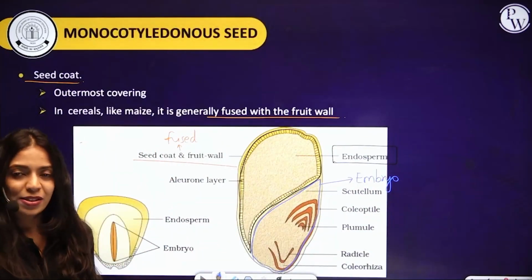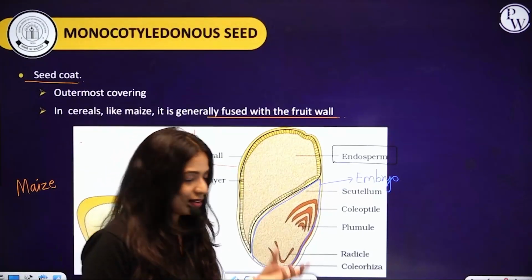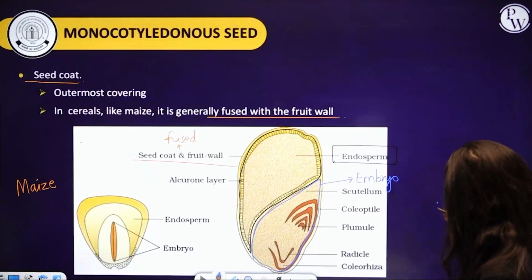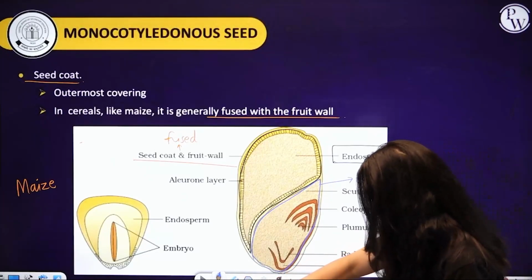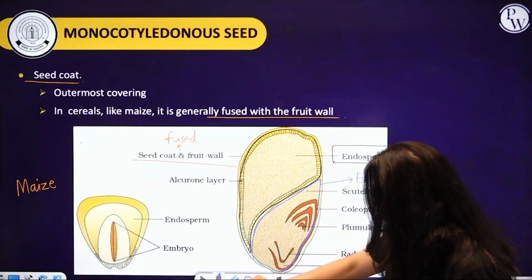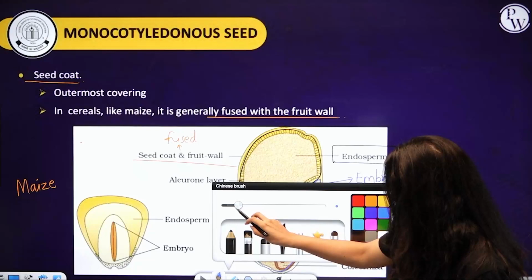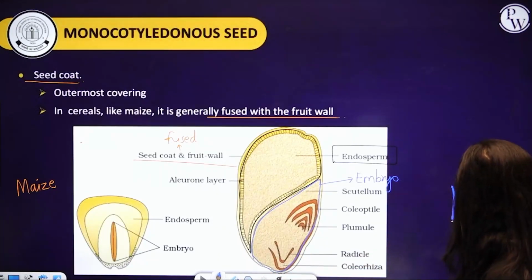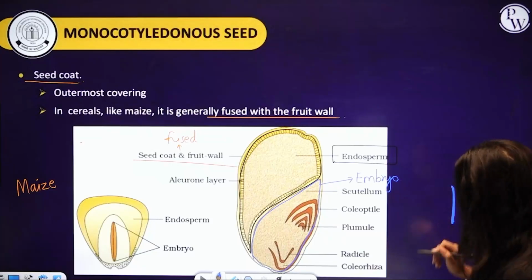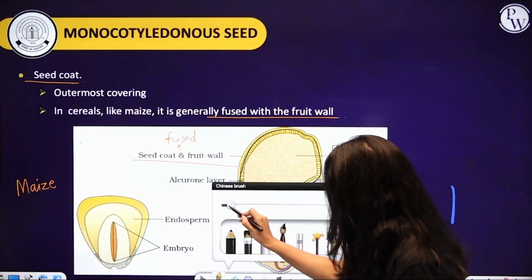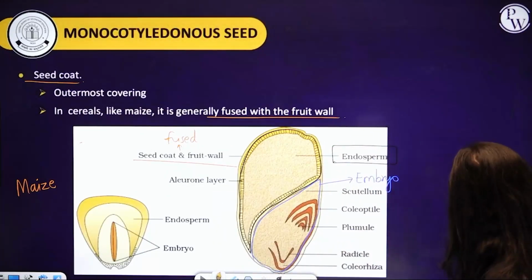Similar to how we saw in dicot plant, even in monocot plant, you will have an embryonal axis. So if you can think of this as an embryonal axis, there is only one cotyledon because this is monocot.